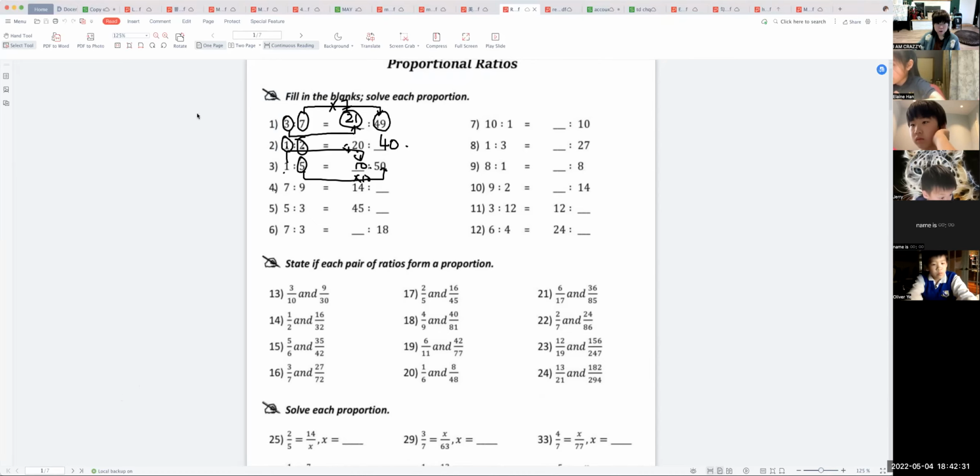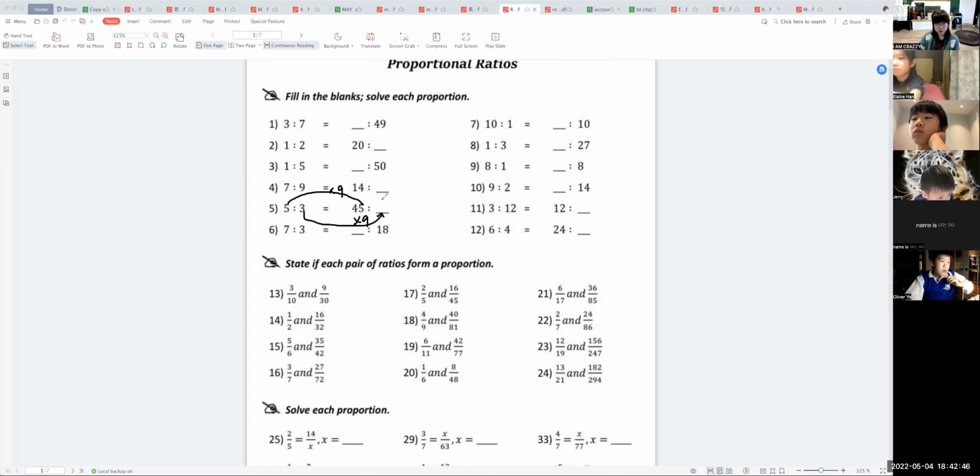So I'm going to just quickly review these ones. It's pretty easy. Times 9, so 27. This one times 6, so 42.